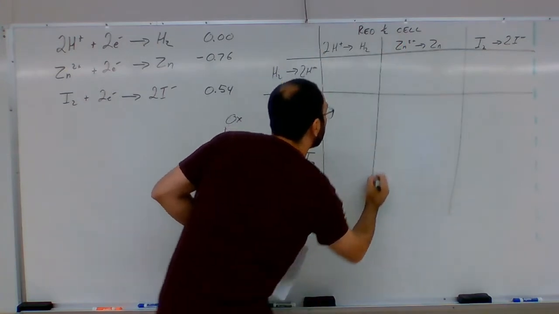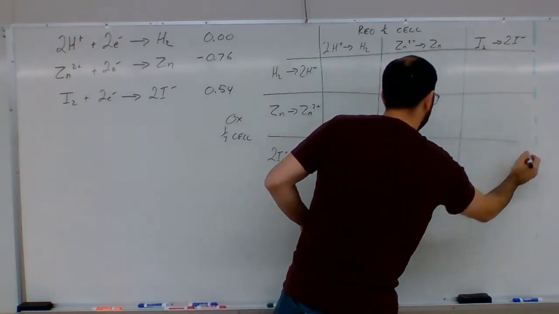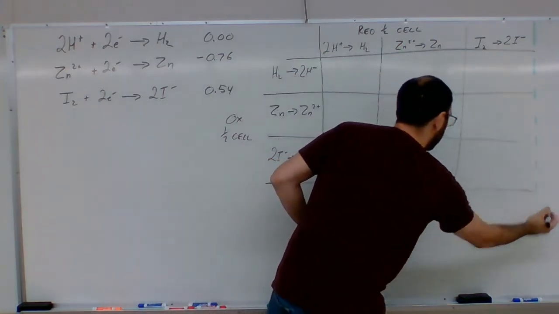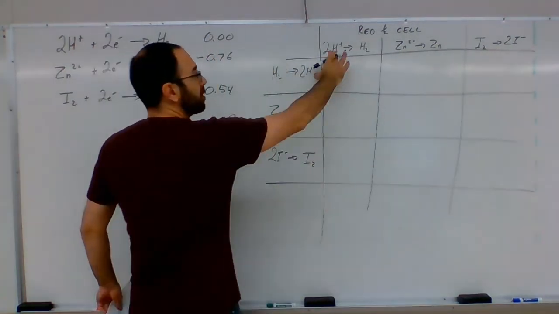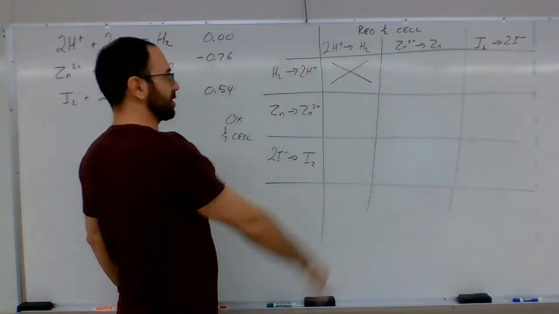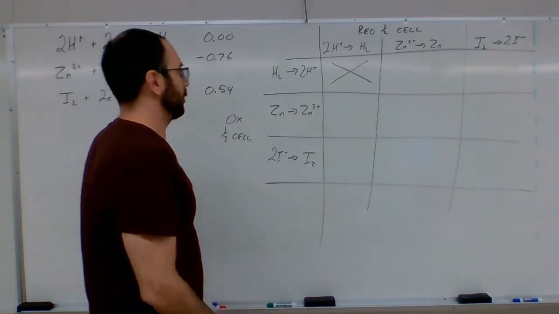These ones here, we're not going to have any reaction. It's the same reaction, just in reverse. Same with the zinc, and then the iodine. So we're not going to have any reactions there.